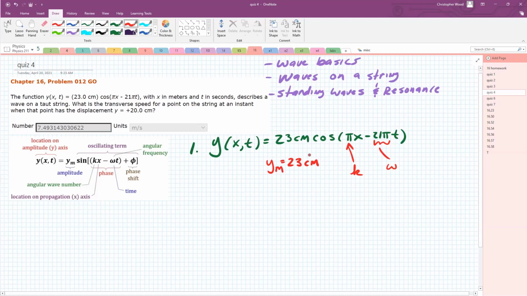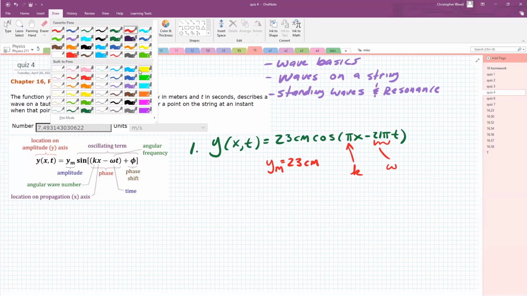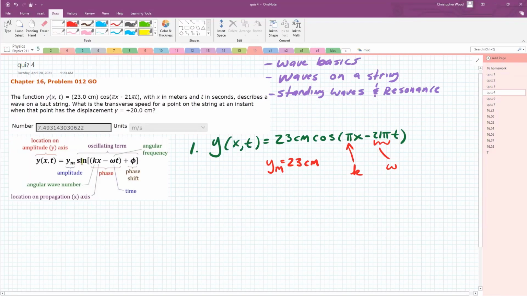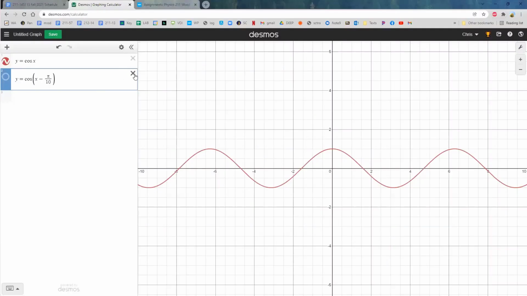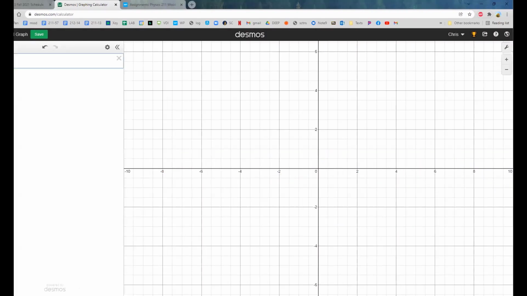Fine. Notice this is a cosine function, whereas the standard wave equation uses the sine function. So why is this using cosine? The answer is it doesn't matter, because a sine function is nothing other than a cosine function phase shifted. I want to stress that into oblivion. So let me go into Desmos one more time and say, here's a sine function, y equals sine of x.